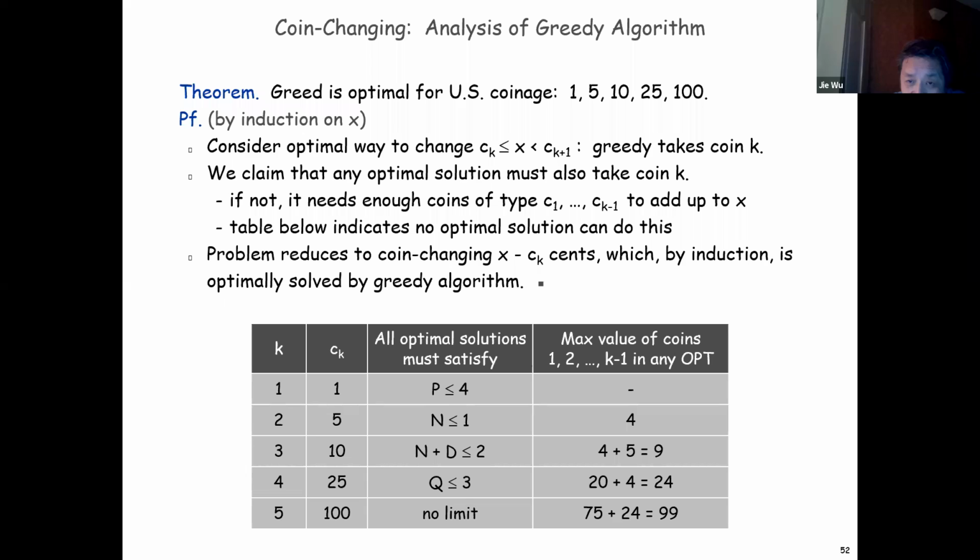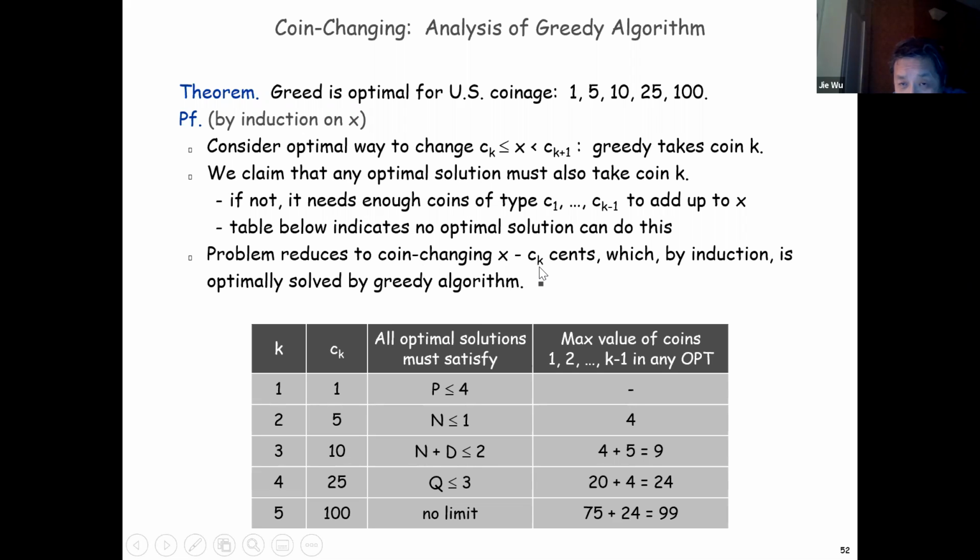But they argue in a slightly different way. They say that the table below indicates there's no optimal solution that can do this. We'll see that. But then, suppose this is true, the problem reduces to coin changing x minus ck, right?